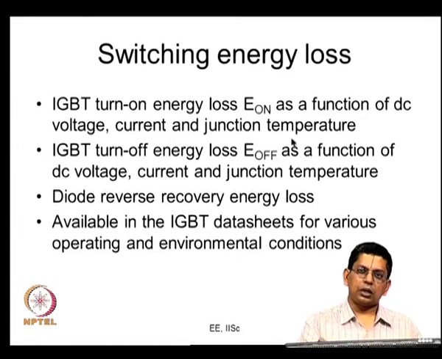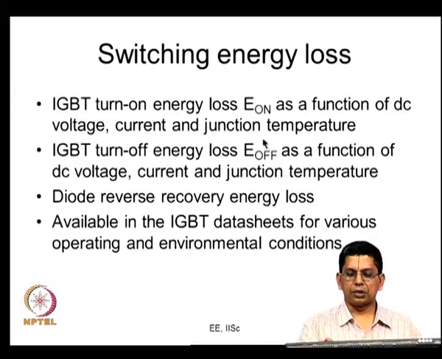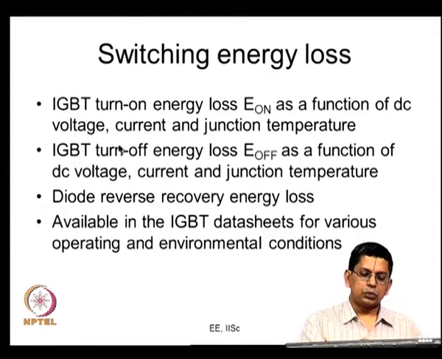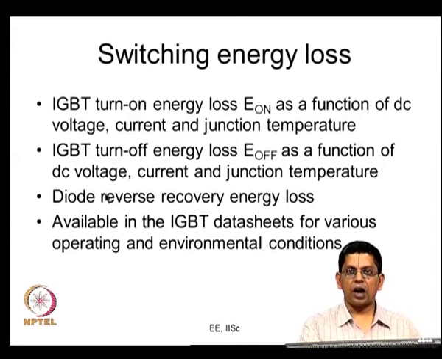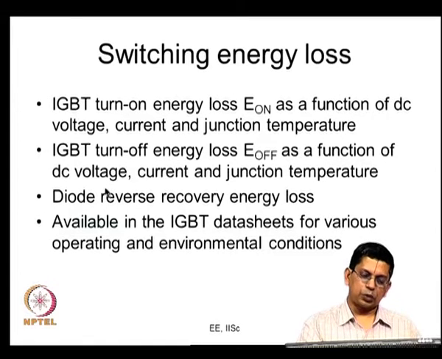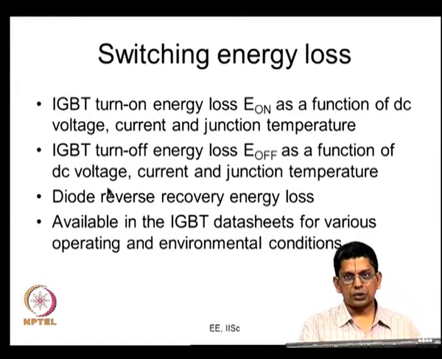So the operating temperature, maybe junction temperature or case temperature, whatever is related, and a junction temperature of about 120 degrees Celsius is usually taken as the highest permissible. Alright. So about the turn off energy loss, for which we use the symbol E off, this is also a function of DC voltage. Of course, if you are switching off a device, a certain amount of energy is lost. If you are switching only 100 or 200 volts, the energy loss is going to be lower.